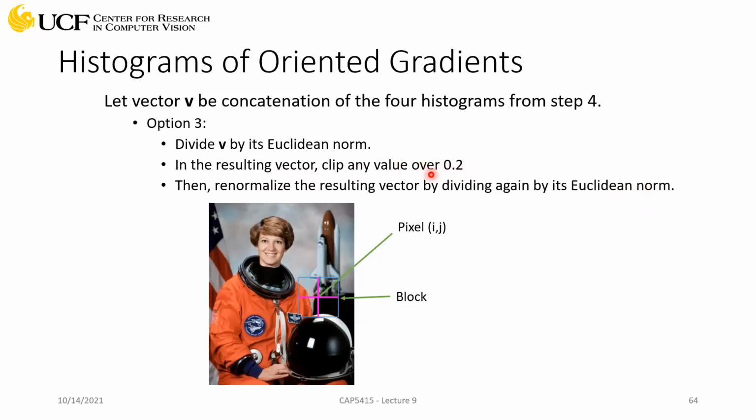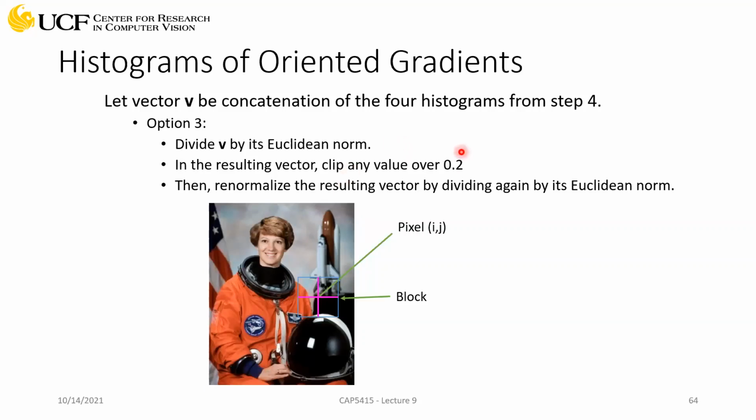The reason to do this is sometimes your pixels might be very bright. They might have a very high intensity. So that will influence what kind of histogram you're getting. You don't want those kinds of edges, or those kinds of histograms, to influence the full feature vector, right?